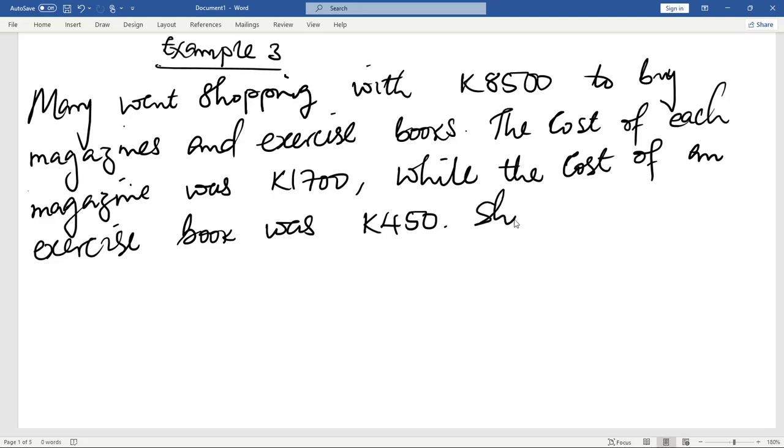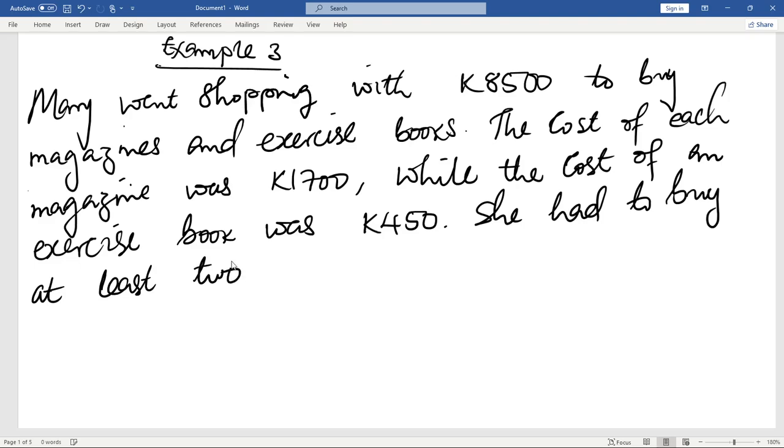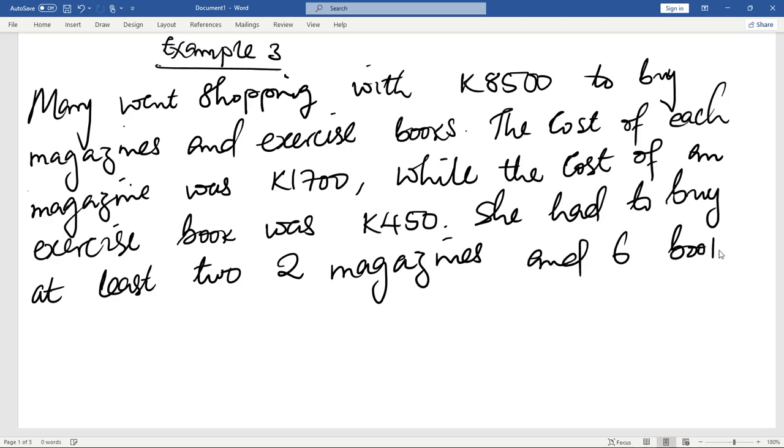So she had to buy at least 2 magazines and 6 books.